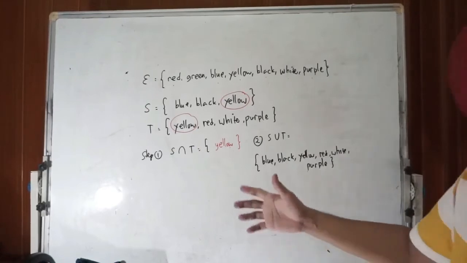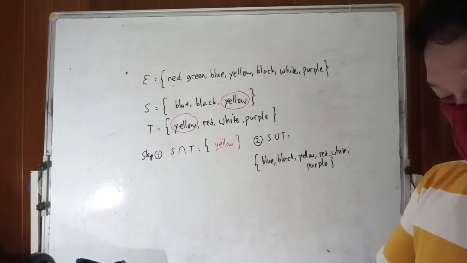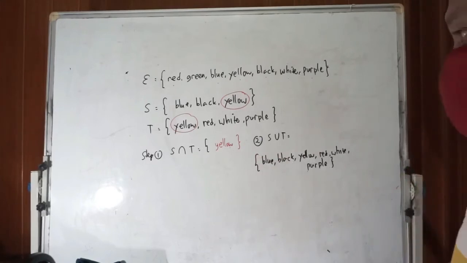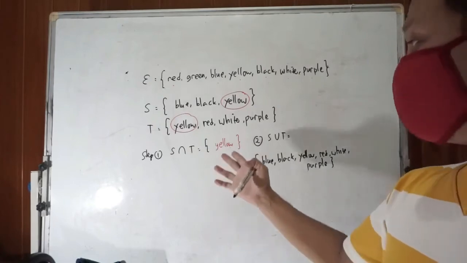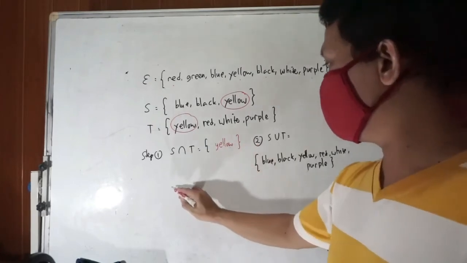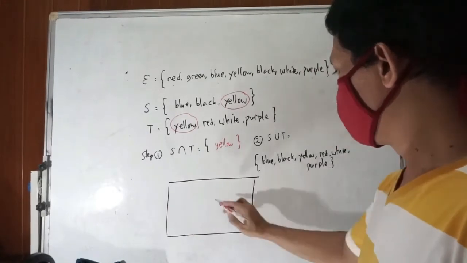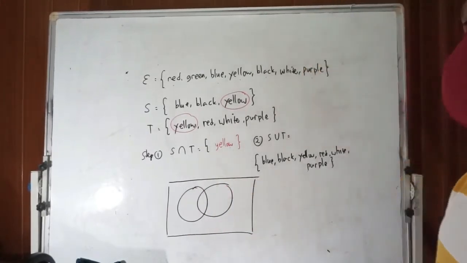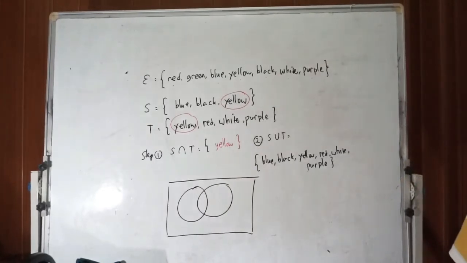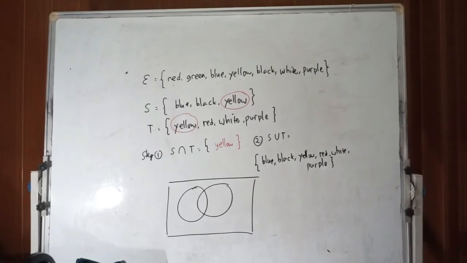So, based on the description listed on the whiteboard, we can draw the Venn diagram. Because S intersection T has one element, the Venn diagram is like this. So what about yellow?